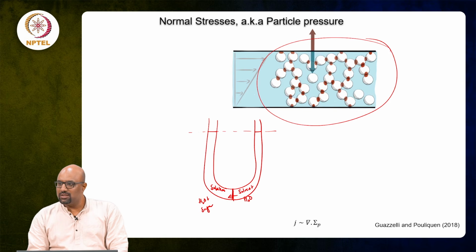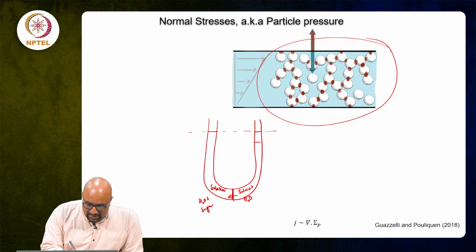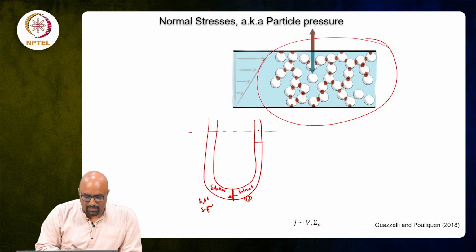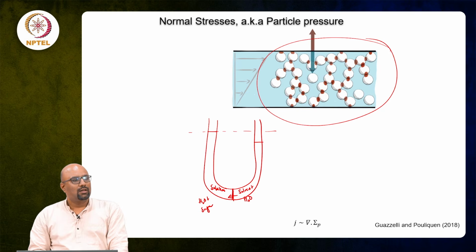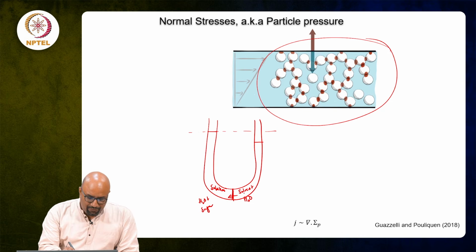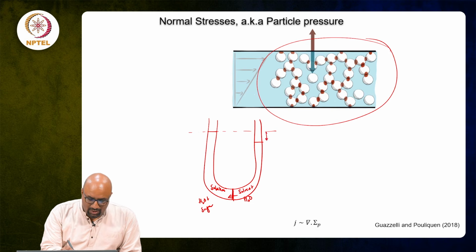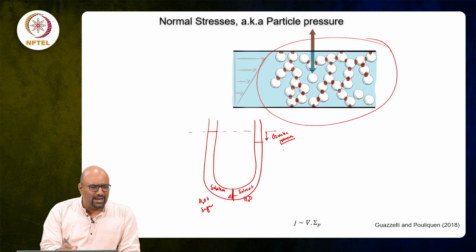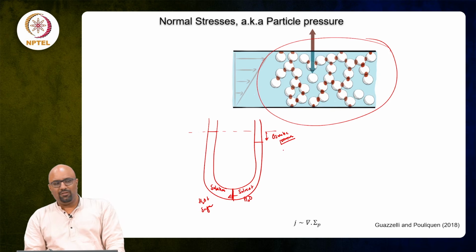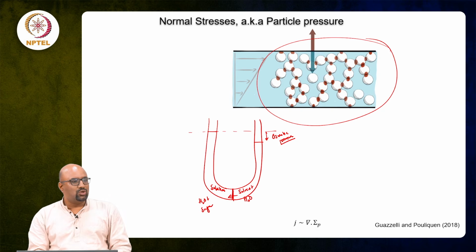You will have osmosis in this problem, and then eventually you would have the level come down, because you would have more solvent molecules going to the other side, increasing the volume on the other side, and whatever is the deficit here, that is your osmotic pressure.